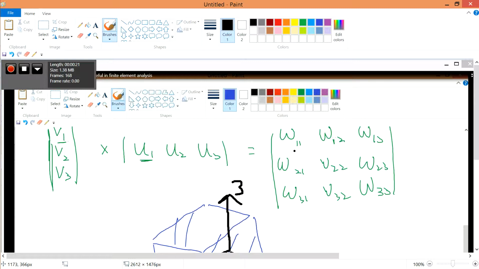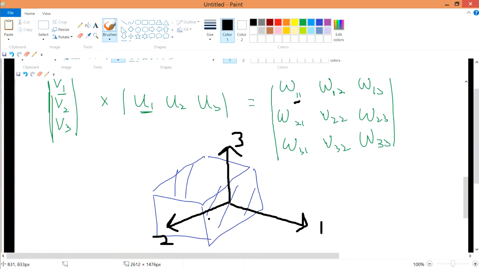W1 is at plane 1, so this is plane 1 in the 1 direction. Applied with a 1 direction force, it's W1 at plane 1 with a 1 direction force, so it's W11.